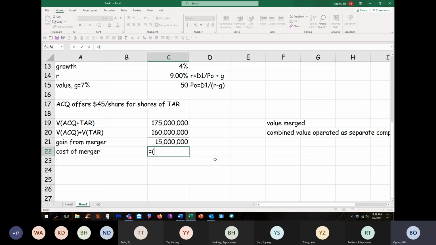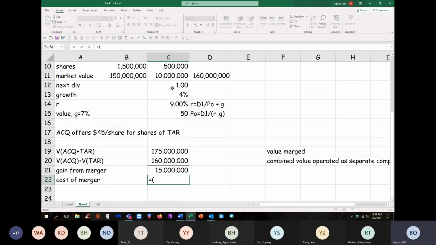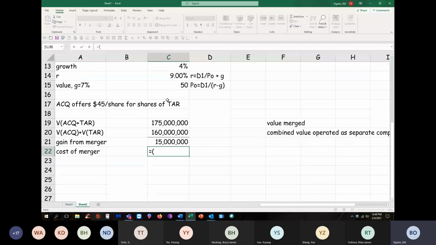They purchased a $20 asset. So if one of us were to purchase a share of TAR, we would pay $20, wouldn't we? Okay, so ACQ is offering a huge premium to perhaps assure that this goes through. So they're overpaying by $25 a share, aren't they?